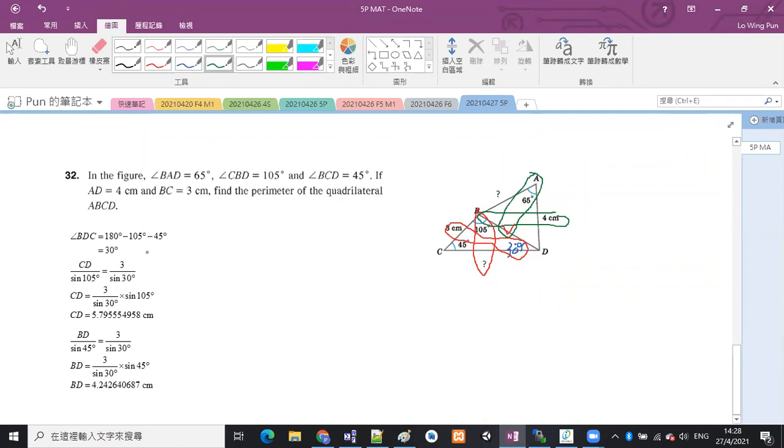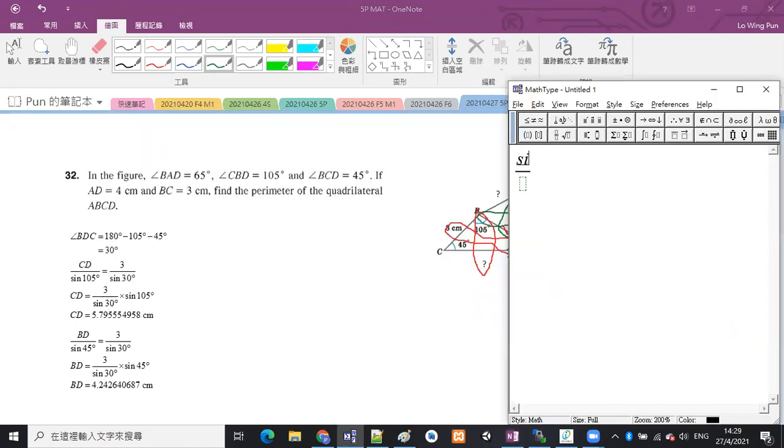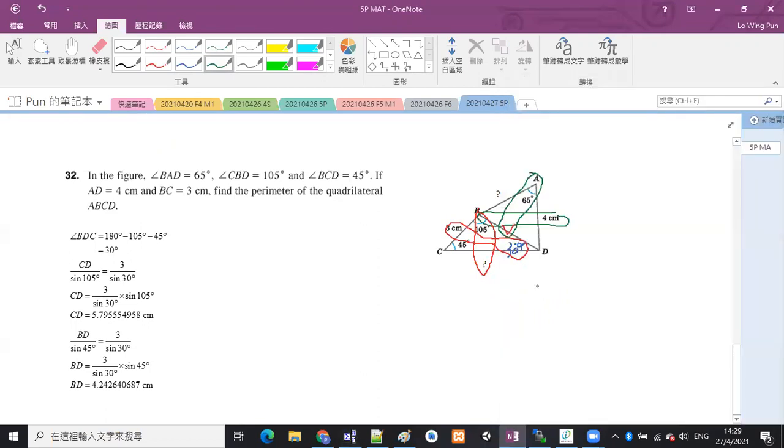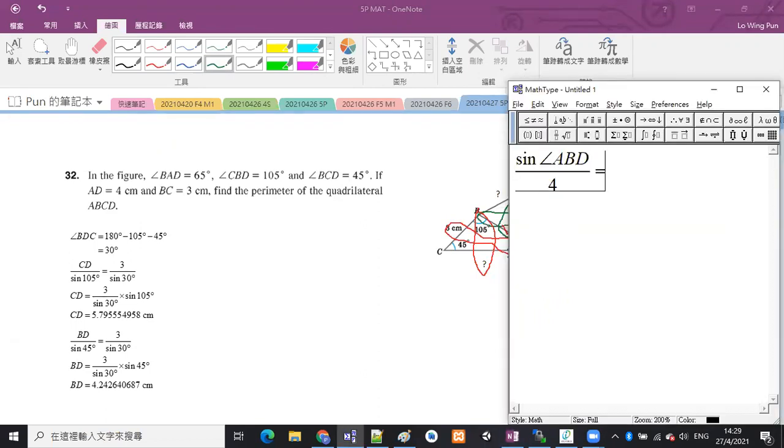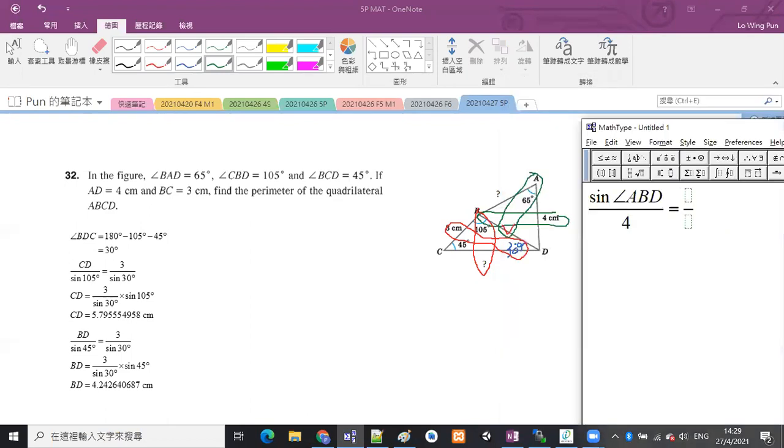This part is a bit more roundabout. We can only find all the other things first, and finally we can find the length AB. This time we need to find an angle, angle ABD. So sine angle ABD divided by 4 is equal to the other pair, which should be sine 65 degrees divided by the length of BD, 4.242640687.